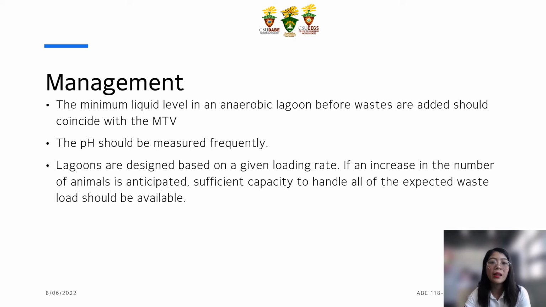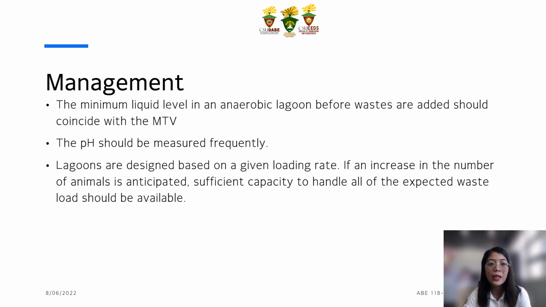Normally, an anaerobic lagoon is managed so that the liquid level is maintained at or below the maximum operating level, like what I showed in the figure earlier about the lagoon design. It is better to lower it to the minimum treatment level at the end of the treatment period.